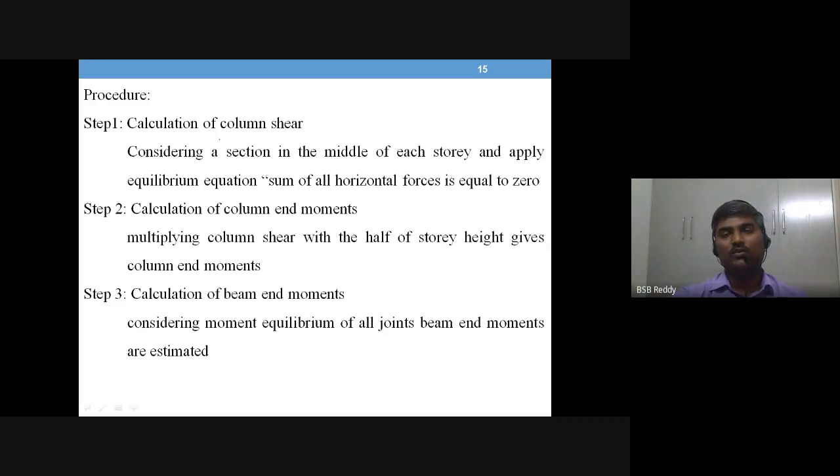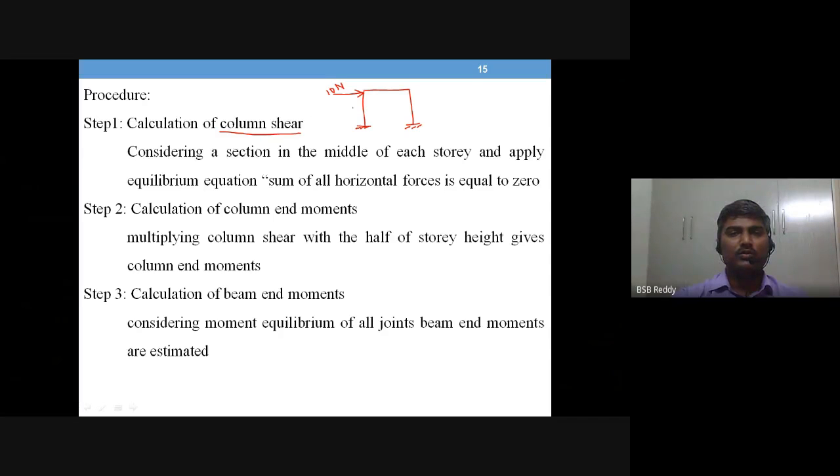So you first apply the assumptions. The first assumption is on column shear, so we will calculate column shear first. That is your step one. To calculate shear in each column, for example, if this is the frame loaded by say 10 newtons, imagine.